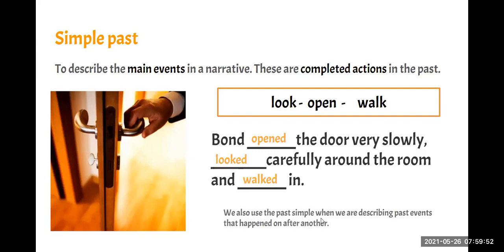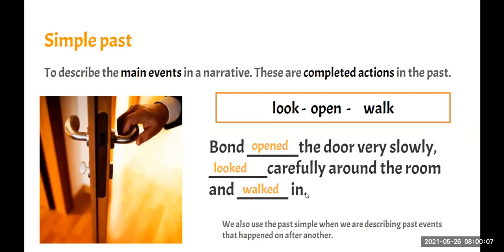Okay, we also use the simple past when we are describing past events that happen one after another. Here, I missed an E. Okay, so let's move on. This is the simple past, okay? So main events, completed actions, and when an action happened one after another.